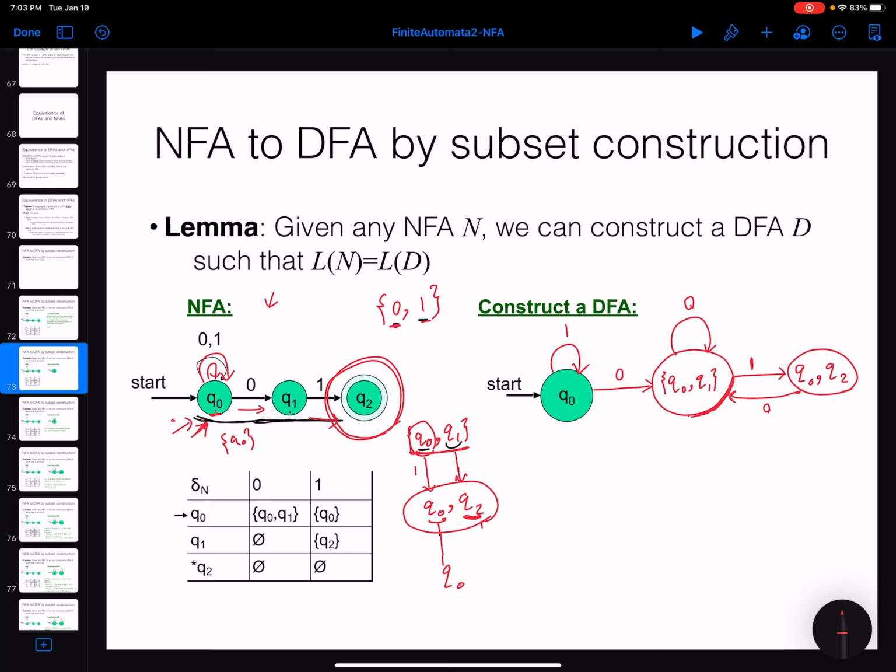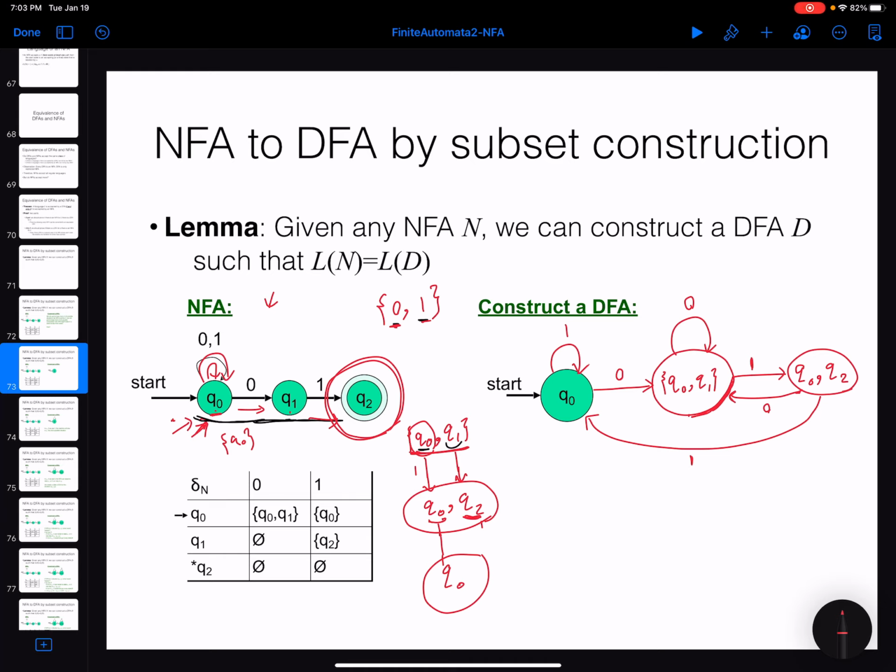So in total, if I am at Q0 or Q2 and I see a 1, in the next situation I can be only in Q0. So one more transition is going to be added, and from the state Q0, Q2, I'm going back to Q0 in my DFA.